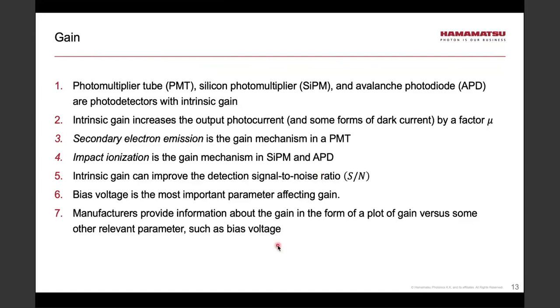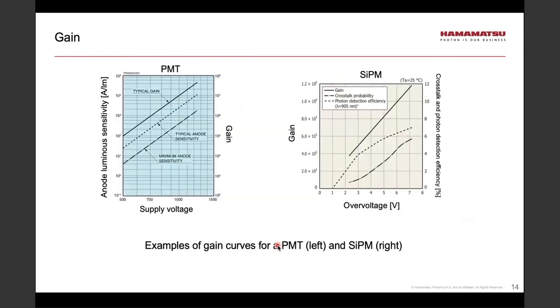Manufacturers provide the relevant plots regarding the gain of a photodetector. On the left-hand side here, we see a plot of gain as a function of supply voltage for a PMT. Please take note of the supply voltage. These are quite high in the case of a PMT: hundreds, even a thousand, and even more volts.